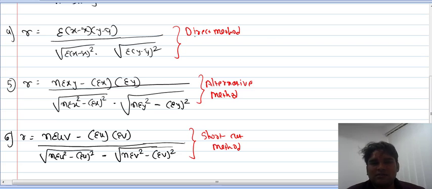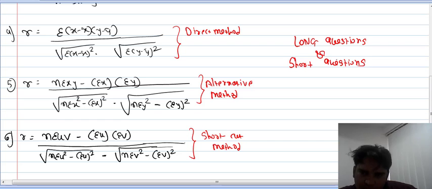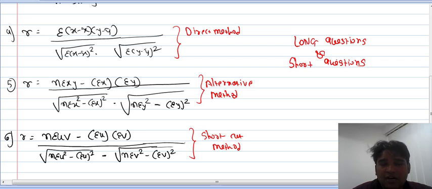All these formulas, all these 4, 5, 6 formulas you can use for long questions and short questions, right? So these are the 6 formulas which are useful to find out the correlation coefficient.